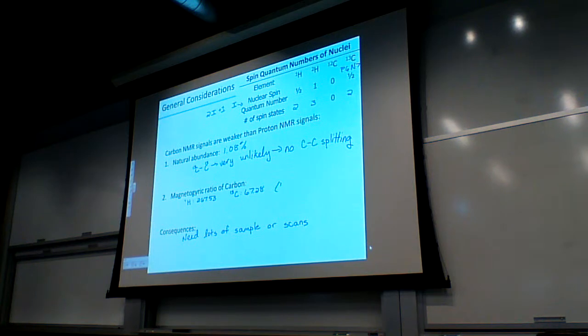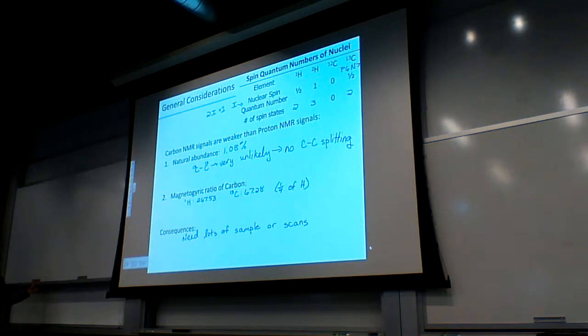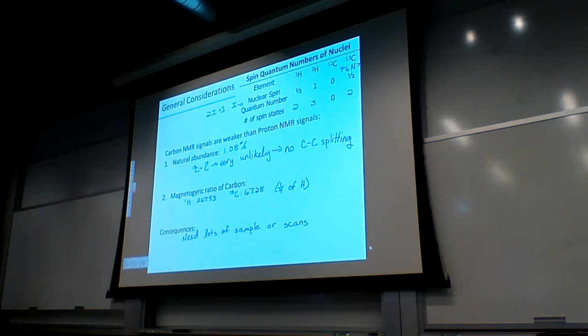So we're about 1/4 of the hydrogen. This has a couple of consequences in all of those equations that we were playing with. When we talk about the Larmor frequency, or the frequency it takes to excite our proton.